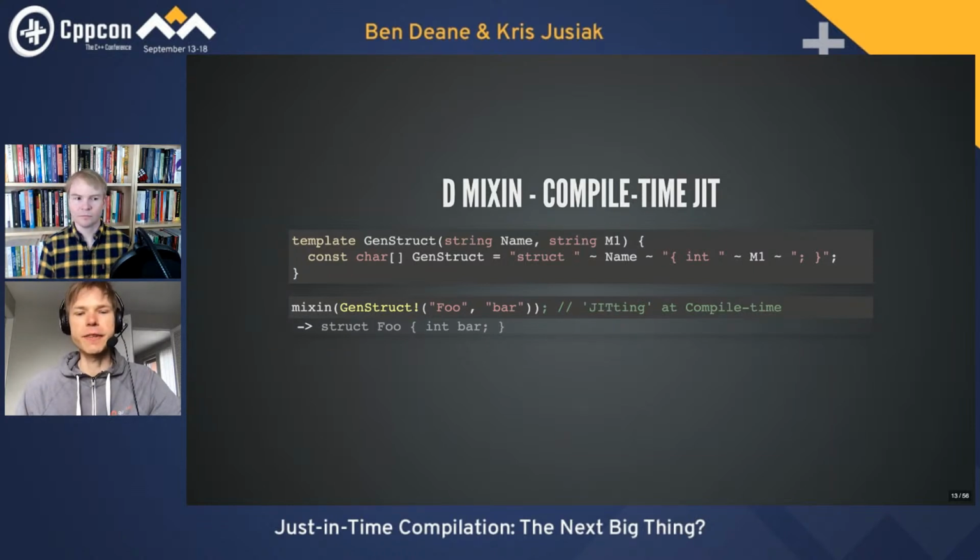So you can think of it like JIT at compile time, extract into your program. So if you run this function with foo and bar, it will produce a struct foo with the member bar, which is super exciting because you can extend your C++ program as you go.